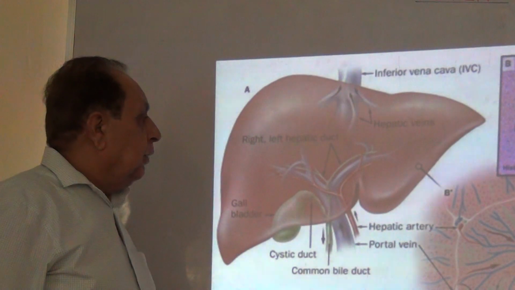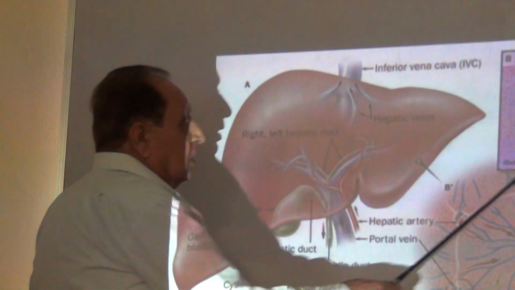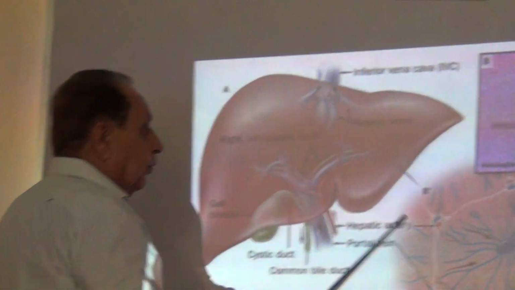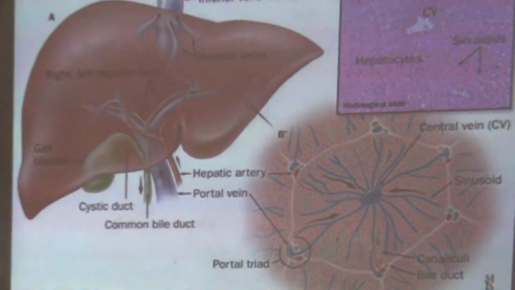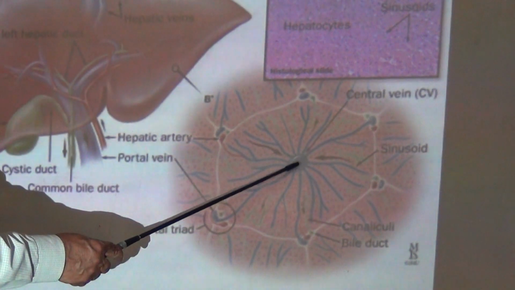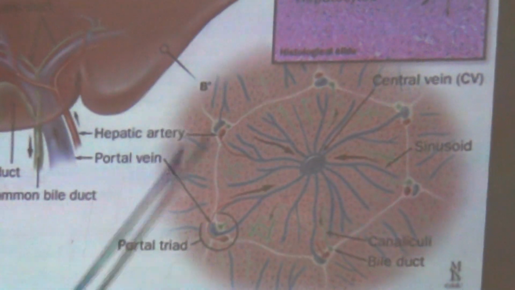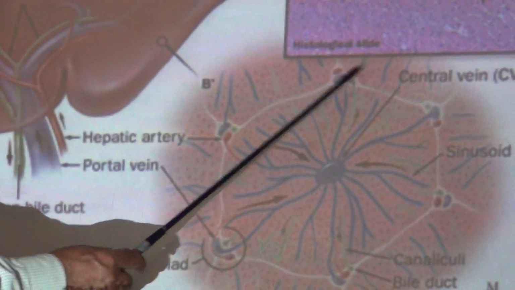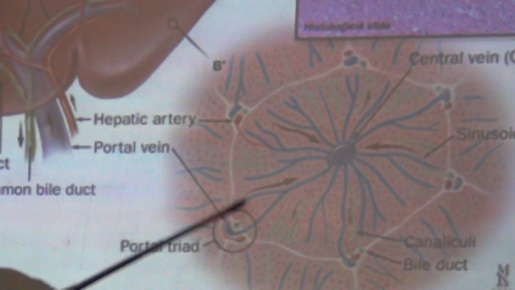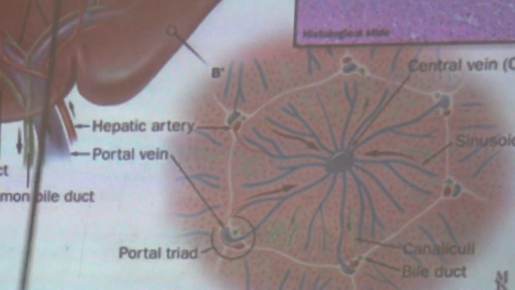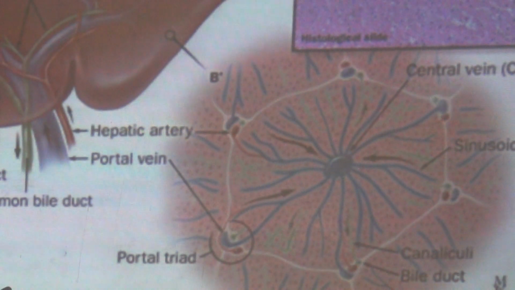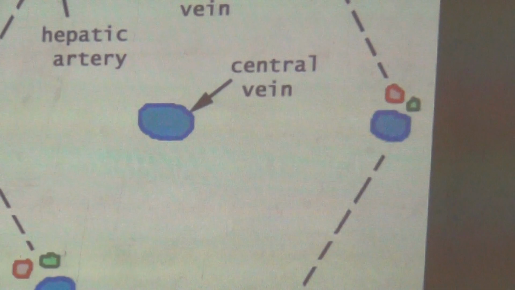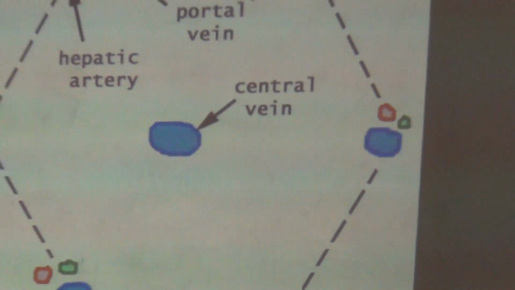Now, each lobule is hexagonal in shape, having a central canal in the center, and it has six corners. This one is the hepatic lobule.